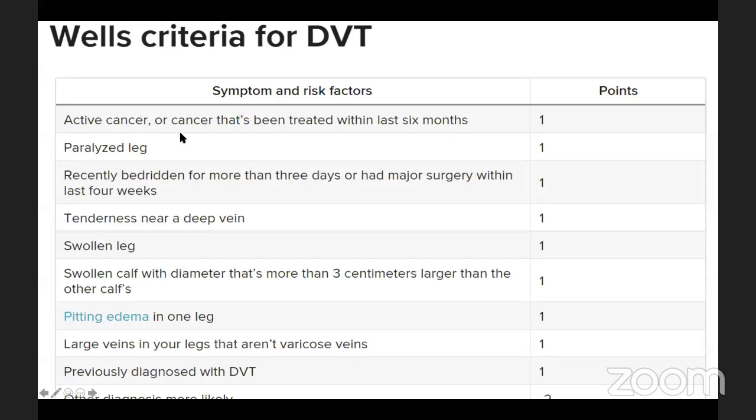For example, if we have a patient that we know has cancer and then presents with a swollen leg, this is 2 points, so our patient is likely to develop DVT. Another example: a patient had a major surgery and presents with pain within the leg and swelling as well. This is 3 points, so our patient is likely developing DVT. This is called the Wells score criteria.